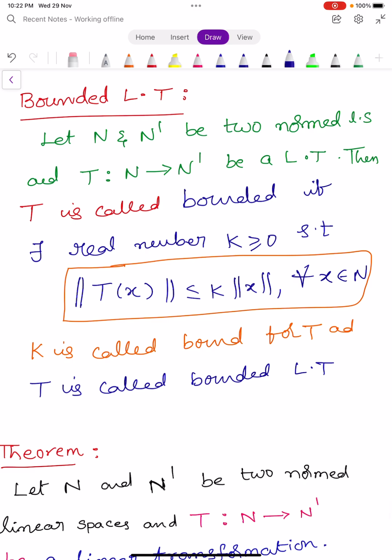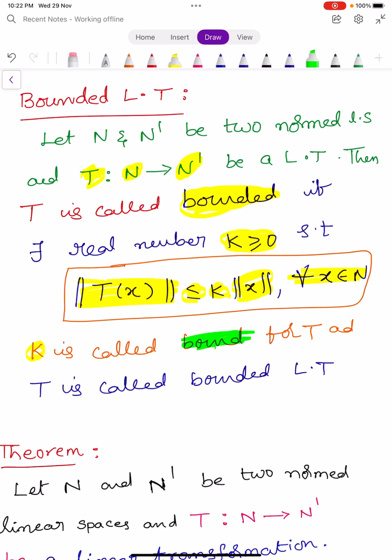I repeat the definition, please observe that. A linear transformation capital T which maps from one normed linear space N to another normed linear space N dash is called a bounded linear transformation if there exists a real number k greater than or equal to 0, satisfying the condition norm T of x less than or equal to k into norm x for all x belongs to capital N. Here the real number k is called bound for T, and T is called bounded linear transformation.